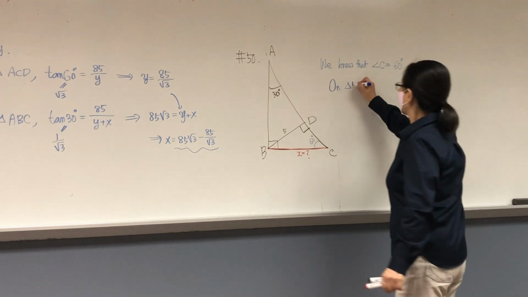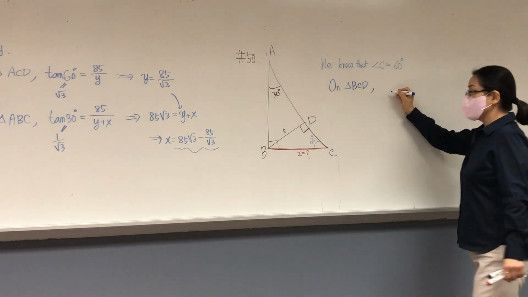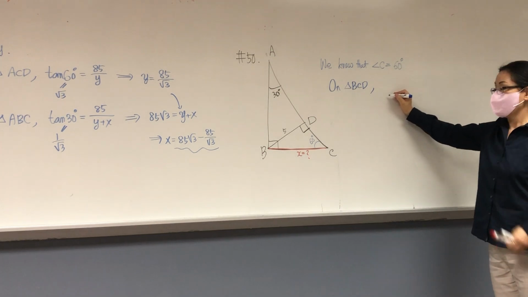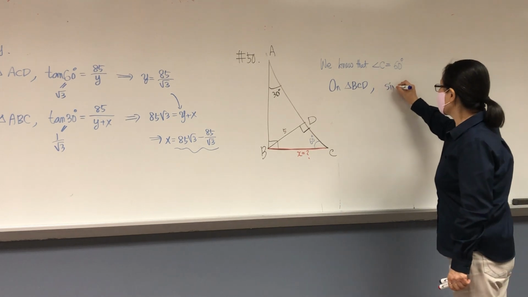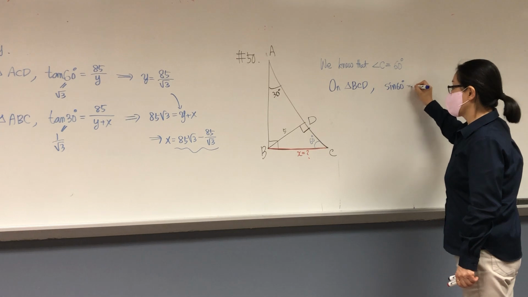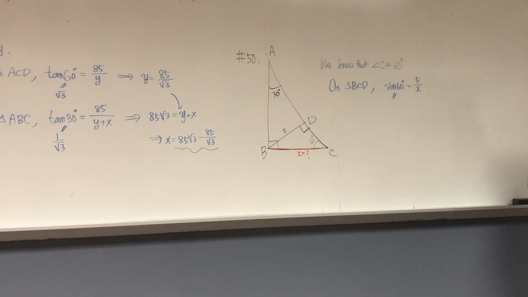Good job. What do you want to do? We can use the sine of 60. Good. Sine 60 equals what? 5 over x. Very good. What is sine 60?